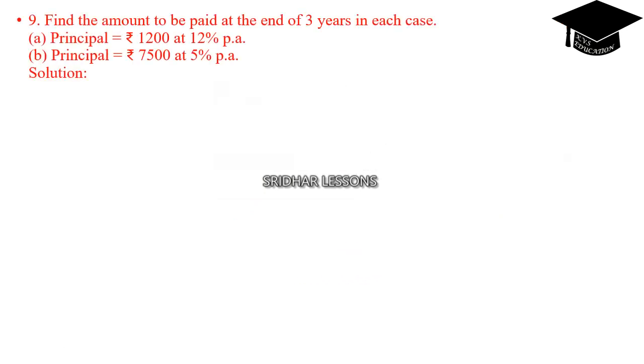Next, find the amount to be paid at the end of 3 years in each case. Principal is equal to 1200 rupees at 12% per annum, and the principal is equal to 7500 rupees at 5% per annum.